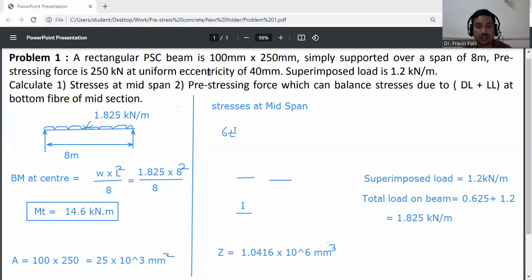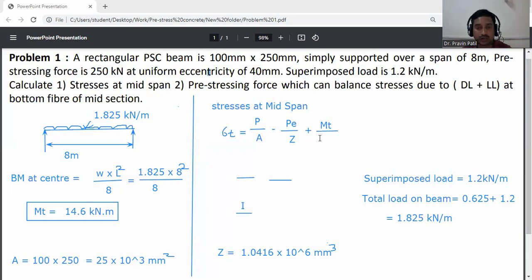Due to pre-stressing force plus self-weight, total load, it will be P by A, where A is the cross-sectional area of the beam, minus P E by Z, plus total moment MT divided by Z.